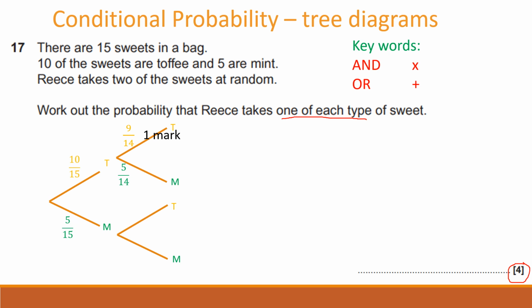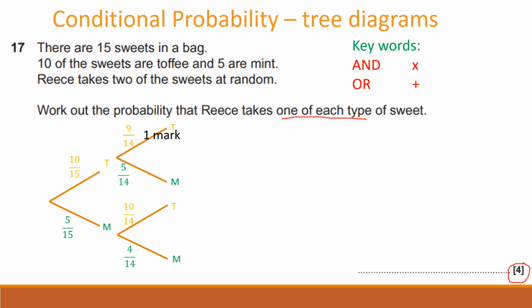But this time, when I pick out a toffee, I've only picked out a mint so far, so there are still 10 toffees in the bag. So there are going to be 10 out of the 14 sweets left in the bag for toffee. And for mint, I've taken a mint out on the first try, so there is 1 less mint. So there's only going to be 4 mints out of the 14. And this gives me my probability for the mint.